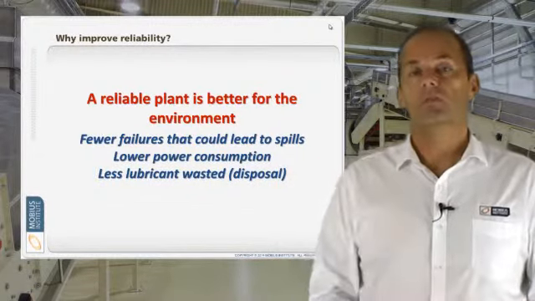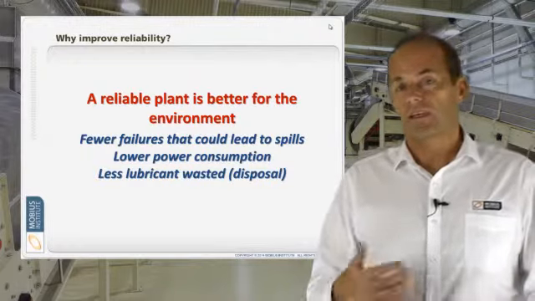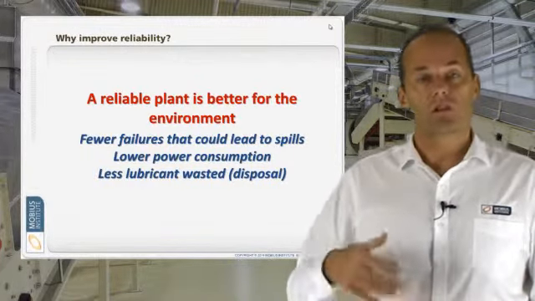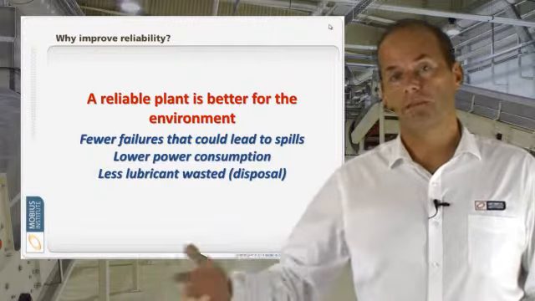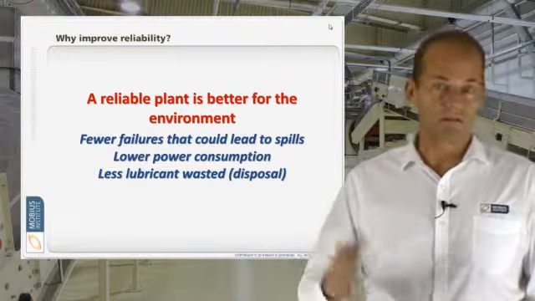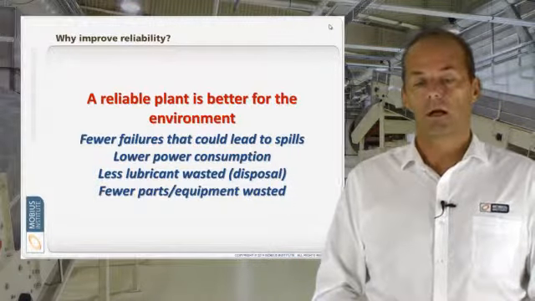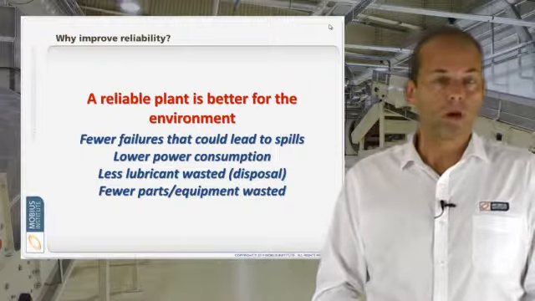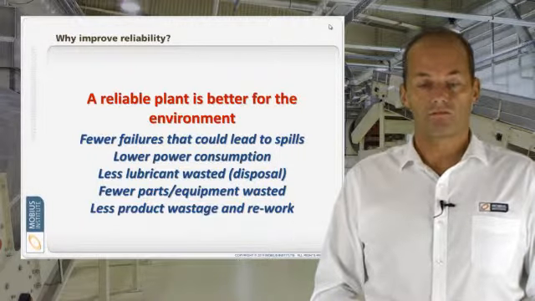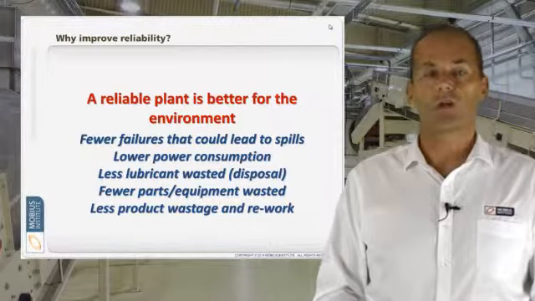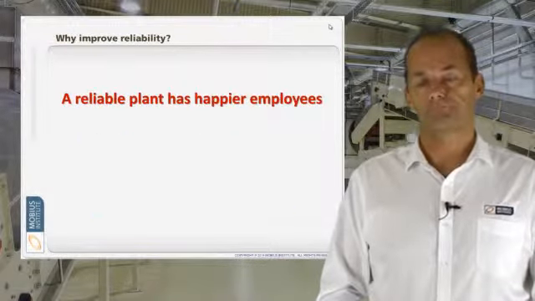We had one customer at one point who implemented condition-based lubricant changes, and they saved an awful lot of money just because they didn't have to replace and therefore dispense or dispose of lubricant. So that's obviously good for the environment and the financial results. Fewer parts and equipment are wasted. Same is true for production as well. Less wastage in production with more reliable equipment.